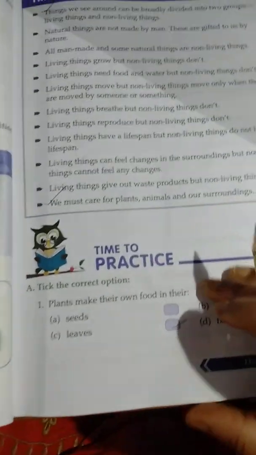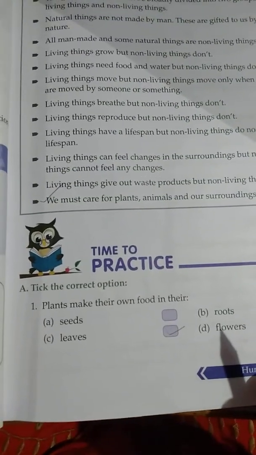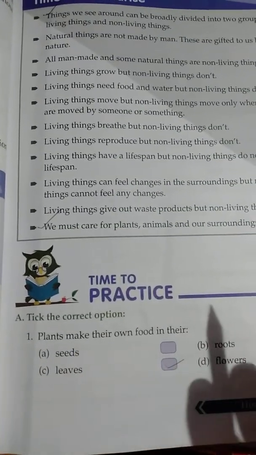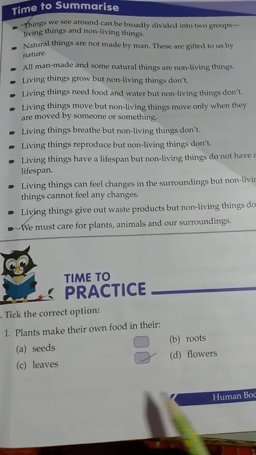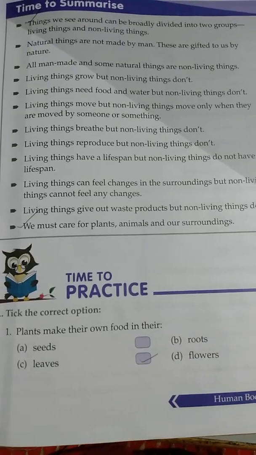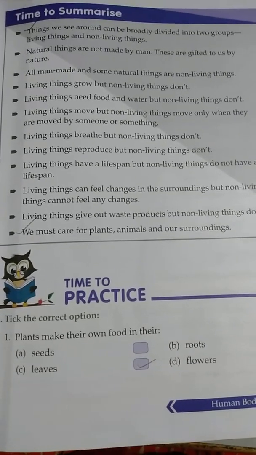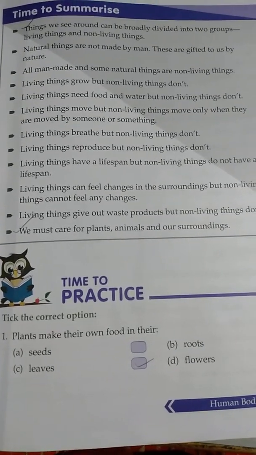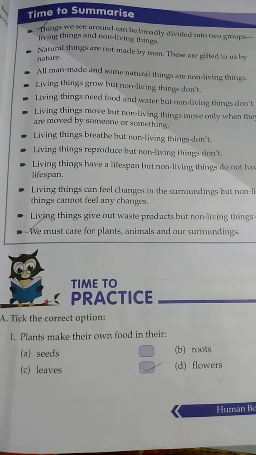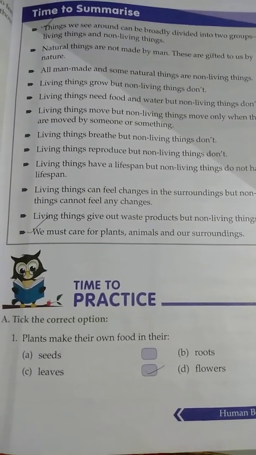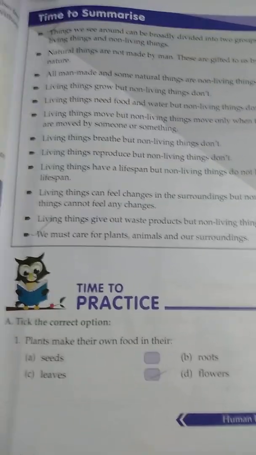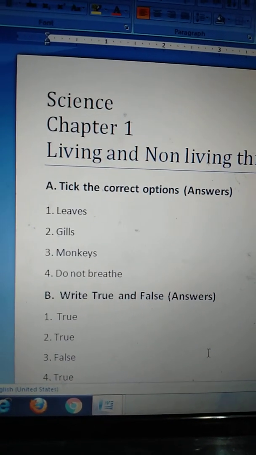Now, time to practice. Tick the correct option. Plants make their own food in their leaves. Take out your book. Take out your book. I am showing you the answer. You do it along with this video. You complete your book work now only. So, this is the answer.